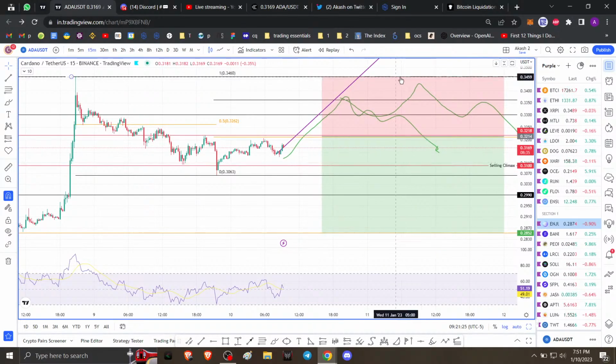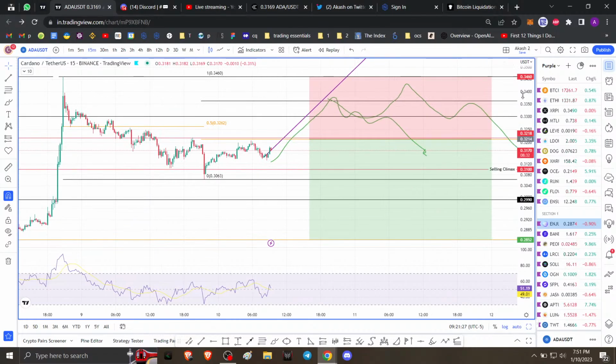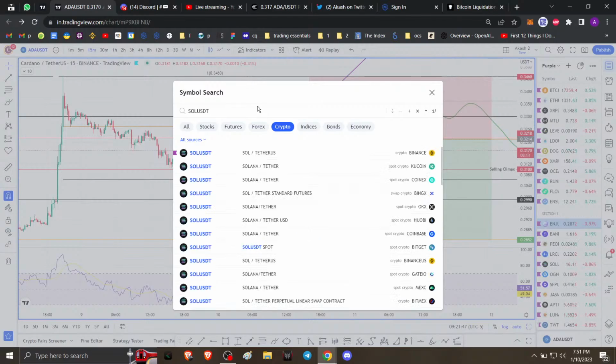Actually, I'm gonna leave a stink bid here at 0.346 just in case. 0.351, 0.2852. Cool. Yeah, so I've opened Cardano short position as well. What's next? Sol or Matic? Let's do both.